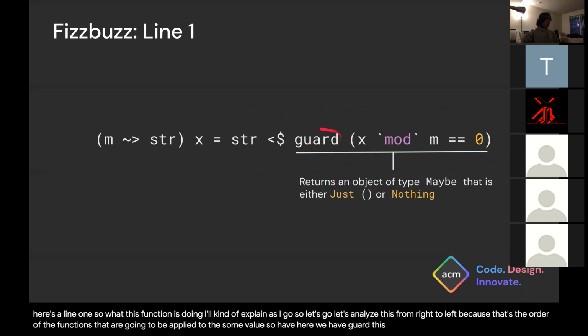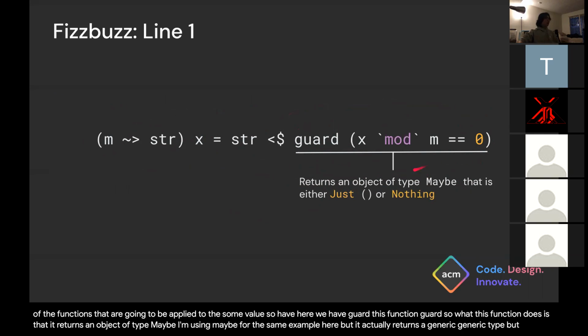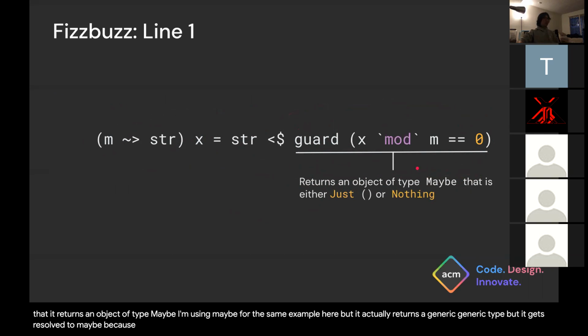Here we have this function guard. What this function does is that it returns an object of type maybe. I'm using maybe for the sake of example here, but it actually returns a generic type. But it gets resolved to maybe because we call from maybe on it.